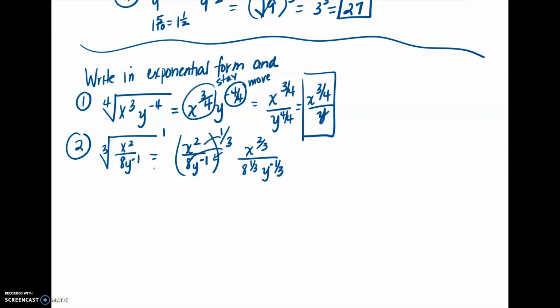Okay, x to the 2/3, there's nothing that's going to happen there, but this is negative, it's got to come up. So this is now going to be x to the 2/3, y to the 1/3 in the numerator. And 8 to the 1/3 is the same as the cube root of 8. And what is the cube root of 8? It's 2. So you end up with x to the 2/3, y to the 1/3 over 2.